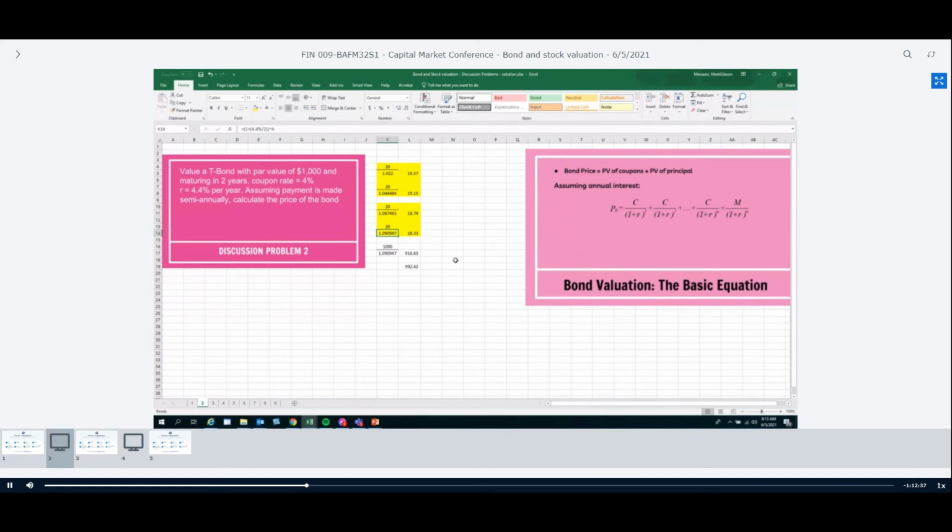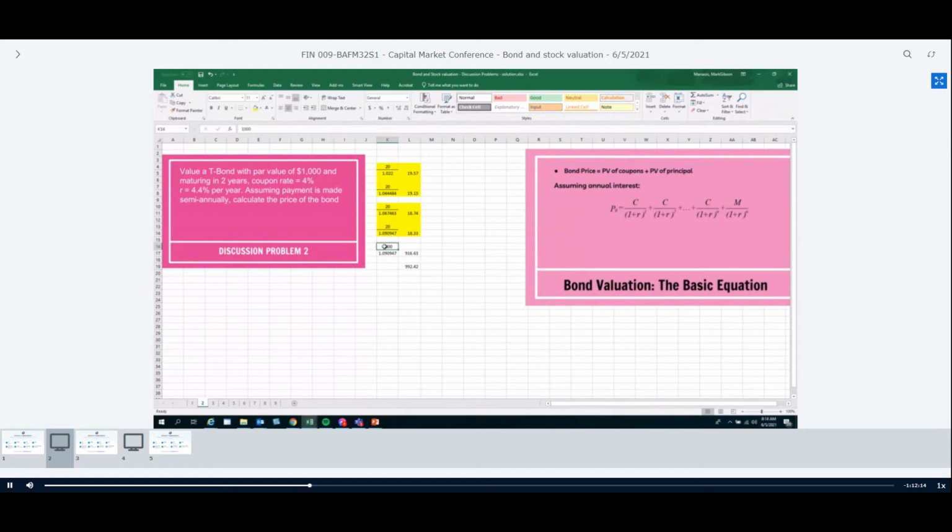Because within 2 years, we're actually doing 4 payments, no? Because it's semi-annual. That's the only thing that changed. We just divided the rate by 2.